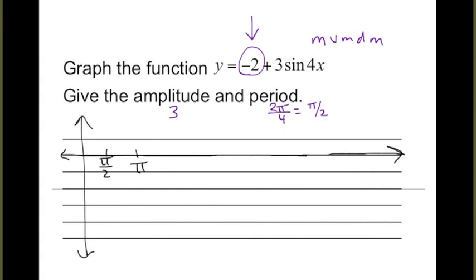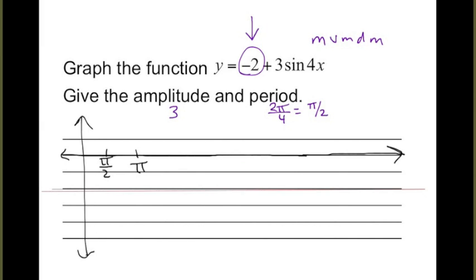We're going to make a line down 2 spots, and that's going to be our new middle. It's not really a part of the graph, so don't make it like you make your axis. I still need to see distinctly an x-axis and a y-axis. This line is just kind of a guideline for us now that that's going to be our new middle. The red one is going to be the new middle line.